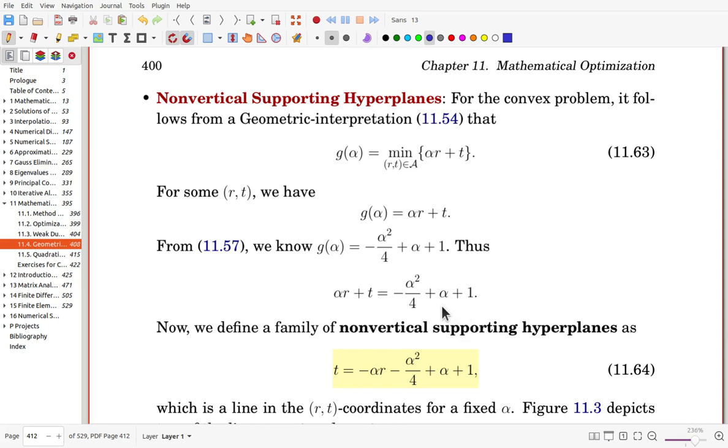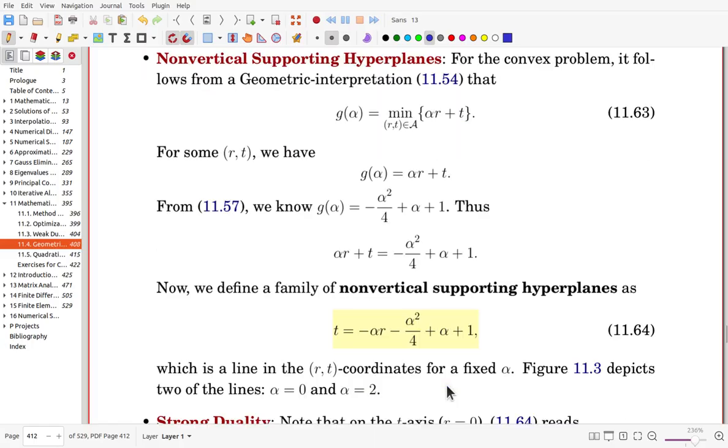t, out of this one, t as a function of r. So we write down in this way, then this is now a family of non-overlapping supporting hyperplanes. And by choosing alpha, for each alpha, it will make a different line.